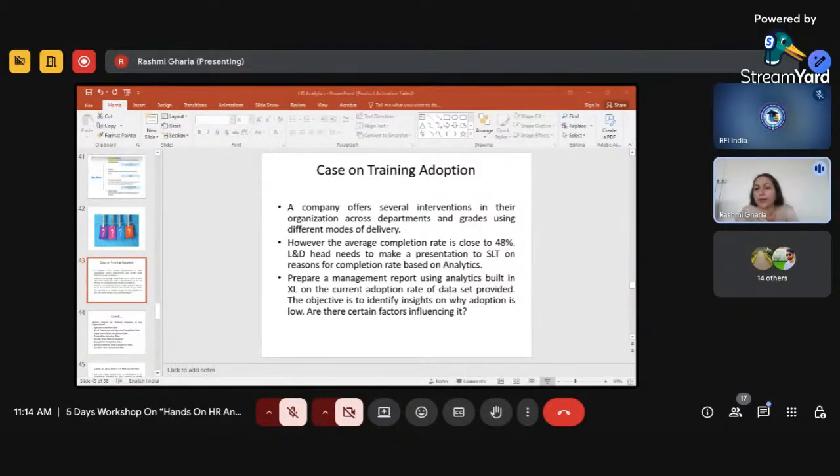They have planned multiple kinds of training programs. They have hired a trainer, right? And let's say there are hundreds of employees who were enrolled in the training program. But the senior lead wanted to know how many employees have completed the training program, and when L&D calculated the completion rate, he found that it was 48%.